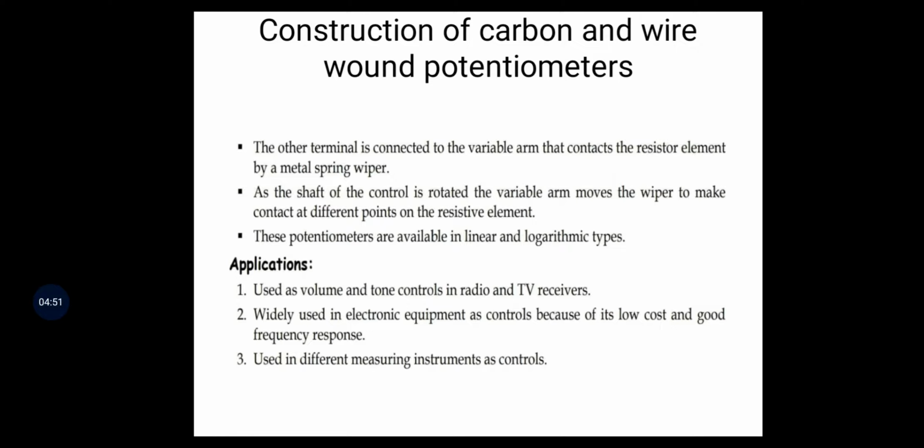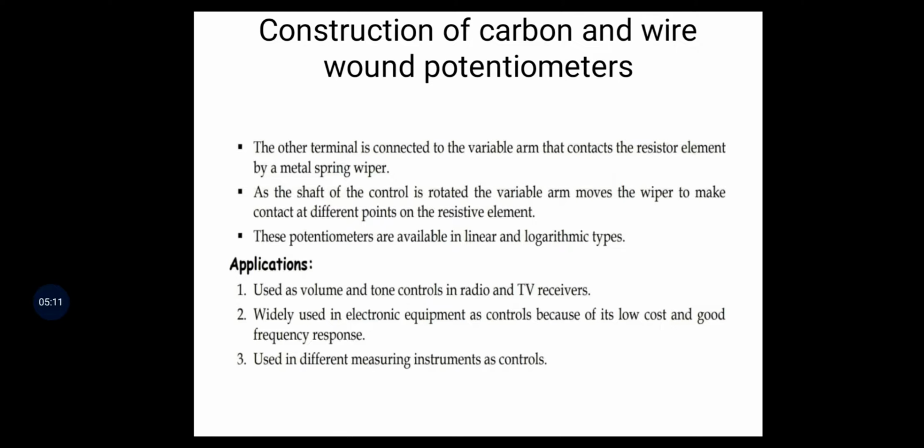The shaft of the control is rotated. If the shaft is rotated, the variable arm moves the wiper to make contact at different points on the resistive element.